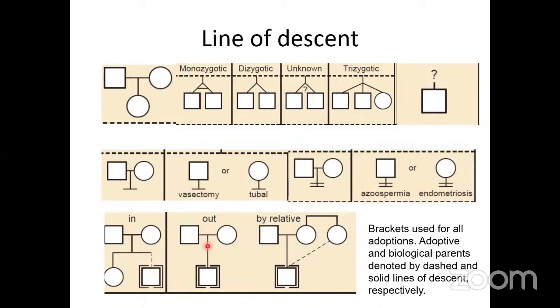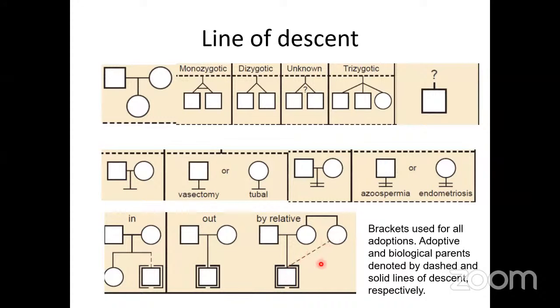Suppose if there is an unbroken line and marked in the bracket, then that means this person is adopted outside this family. These are the natural parents of this individual, but he is adopted out. Now, if you know where he is adopted, you can see that he is adopted by the sister of the mother. So this mother has adopted this child. There is a broken line.